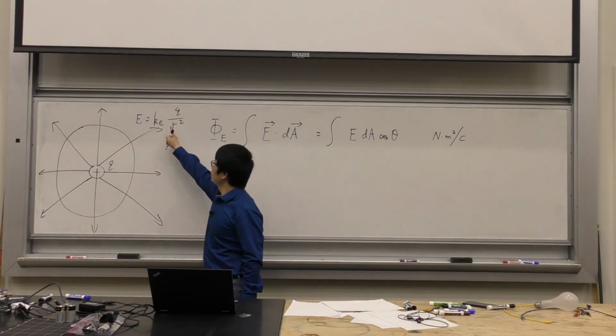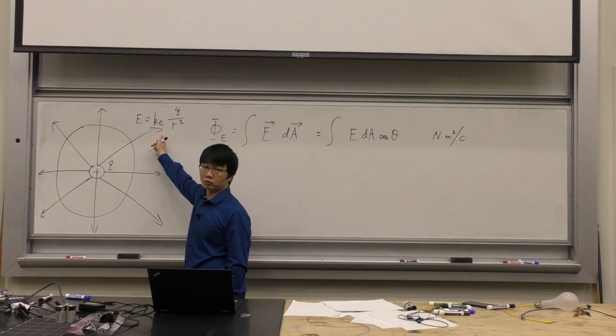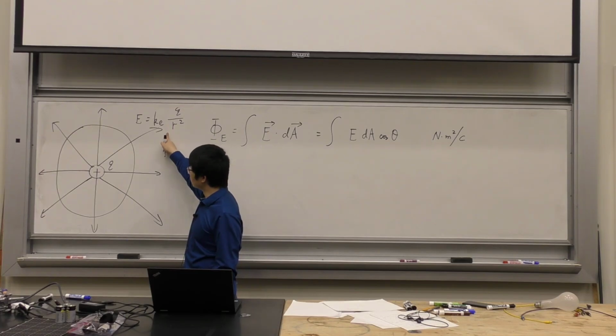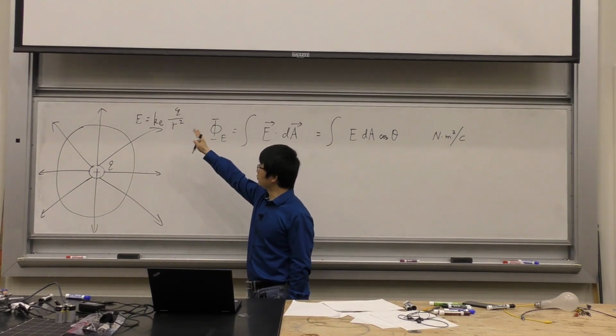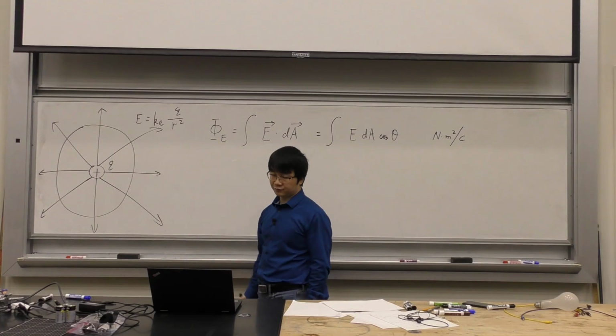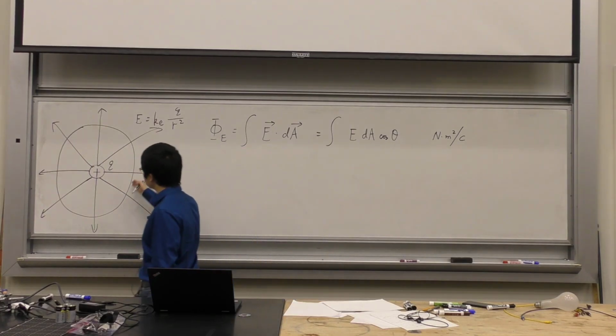Remember, this is from Coulomb's law. We derived this as the electric field created by any point charge at any point around it. Now we're going to use that conclusion to find the flux through this spherical surface.